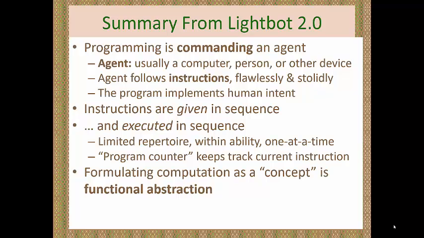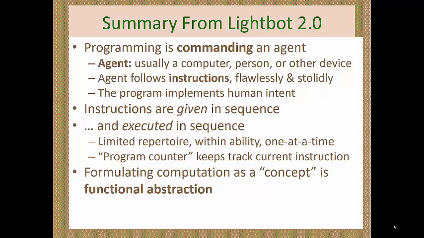Let's summarize then our lessons from LightBot. First of all, what is programming? It's commanding an agent. What is an agent? Usually a computer, person, or a device that follows the instructions of the program flawlessly, without exception. And what is the program? It implements human intent. Instructions are given in sequence.